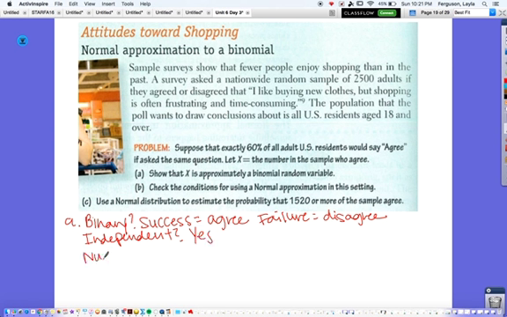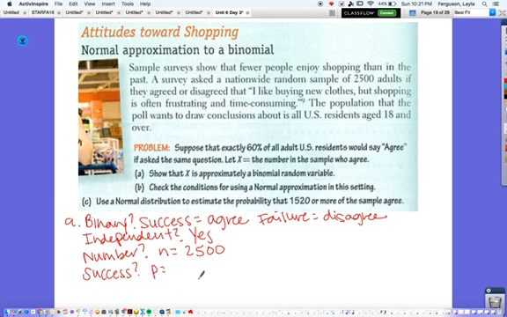The next is number. Do we know how many people we're talking to? Our number of trials would be equal to the 2,500 people. And success, the last thing we have to look at for a binomial random variable, is the probability.